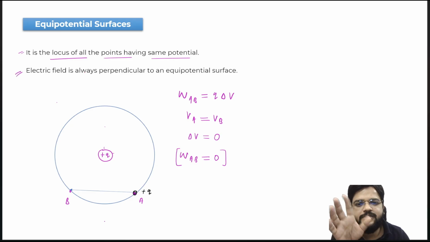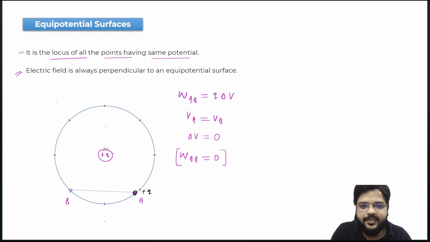Now let's see its second point, everyone. Here the electric field is always perpendicular to the equipotential surfaces. So draw here the electric field lines. So if we draw the electric field lines, so these are field lines, everyone, correct?